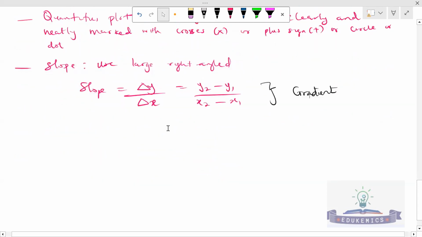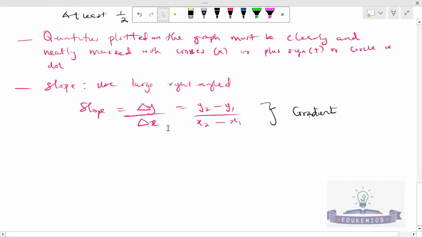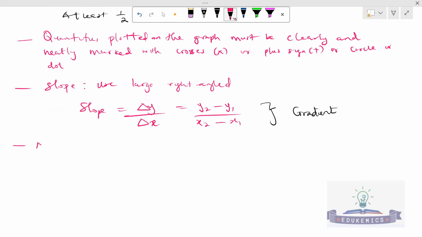If only the slope of the graph is required, and not the intercepts, it is not necessary to start the graph from the origin. So not all graphs need to start from the origin.